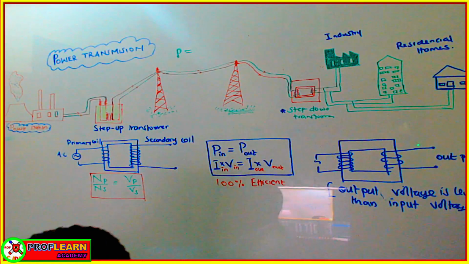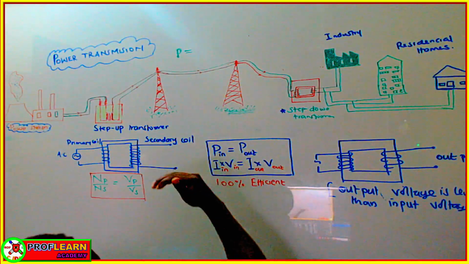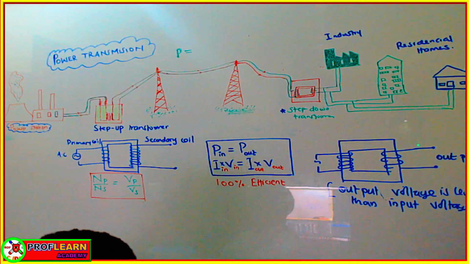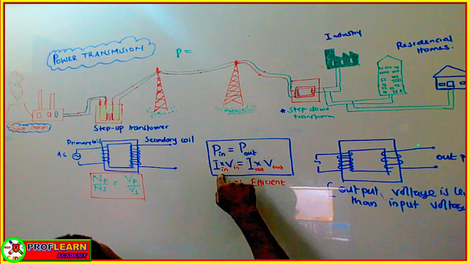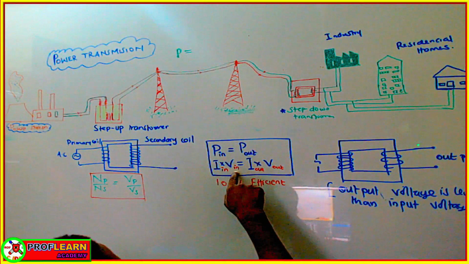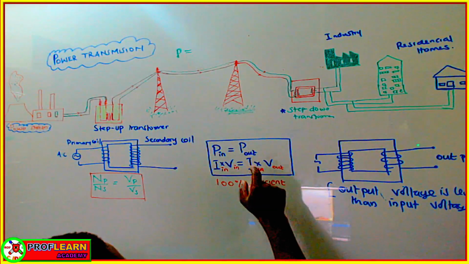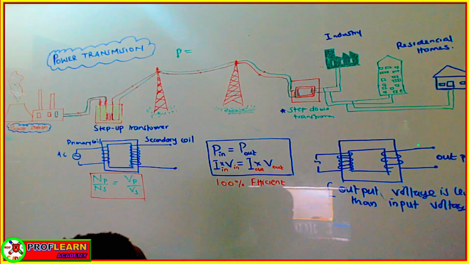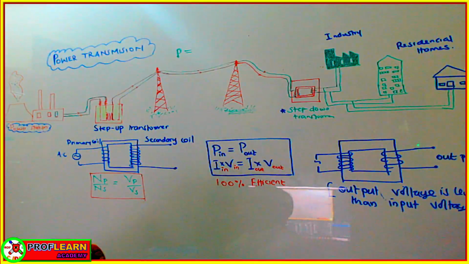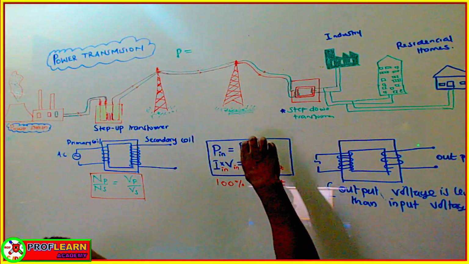That implies that the power getting into the transformer is equivalent to the power getting out of the transformer. Which will mean that current in the primary coil times voltage in the primary coil should be equal to current in the secondary coil times voltage in the secondary coil. So the main formulas that you need are this one and also this one.